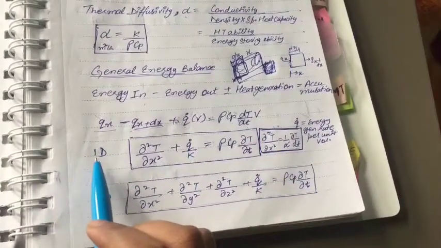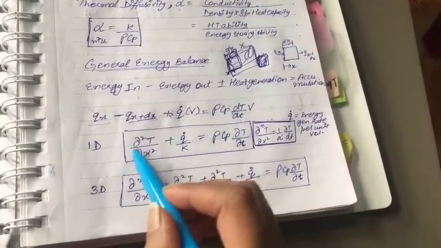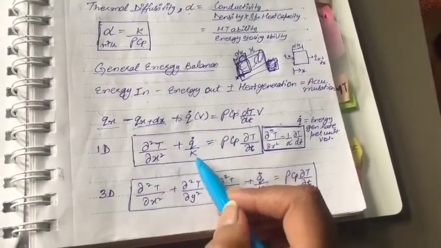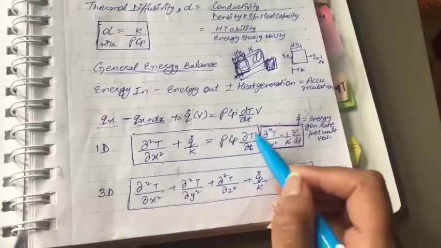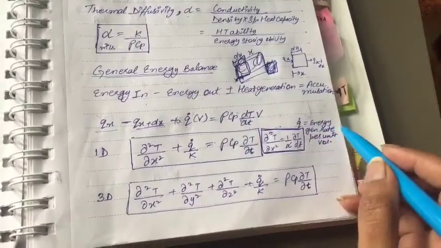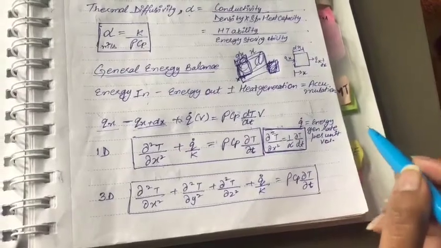In 1D, it is denoted as del square T by del x square plus q dot by k is equal to rho Cp del T by del t, where q naught is our energy generation rate per unit volume.